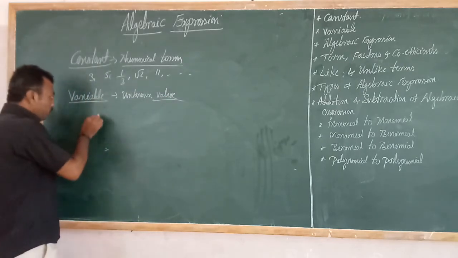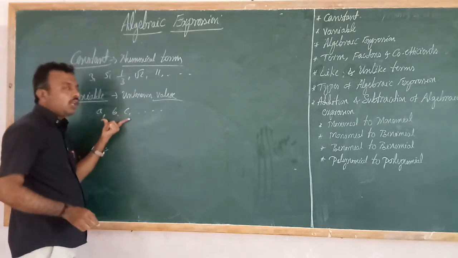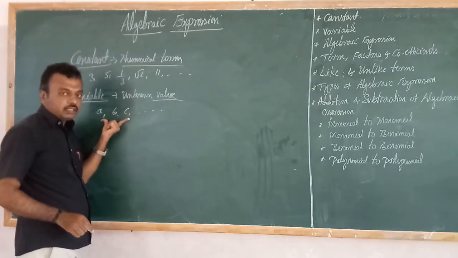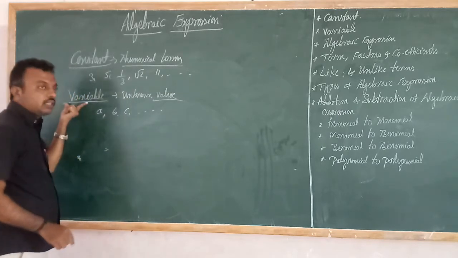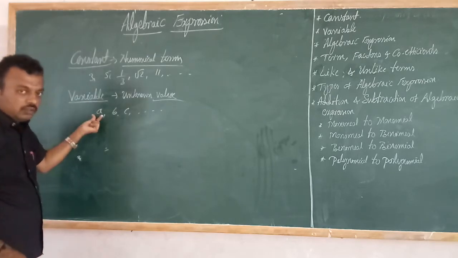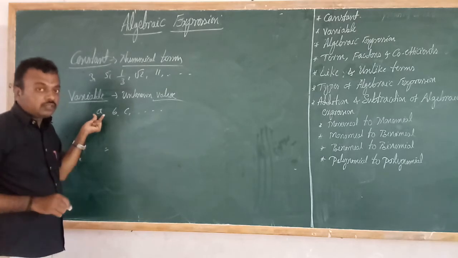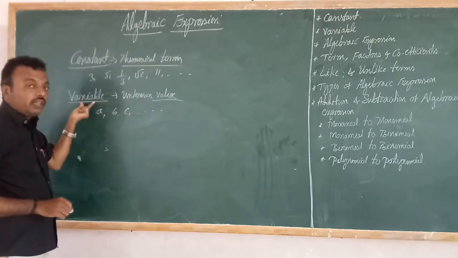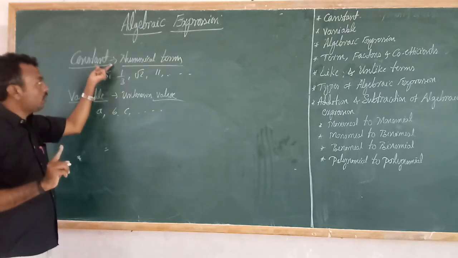For example, a, b, c, and so on. English small letters, small alphabets, are called variable terms. Does a have any value? There is no definite value for any variable term. That's why it is called a variable. But 5 has a fixed value, right? That's why it is a constant.